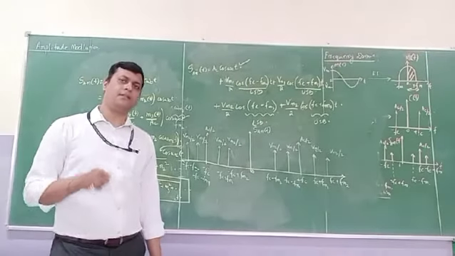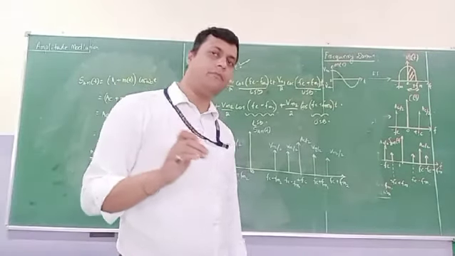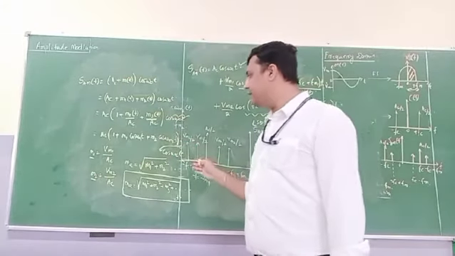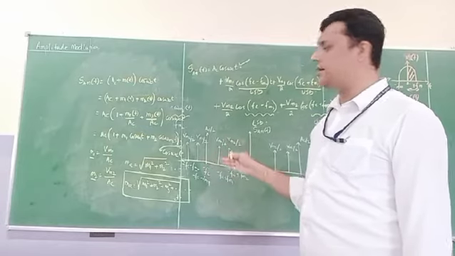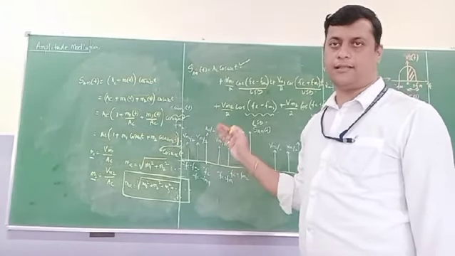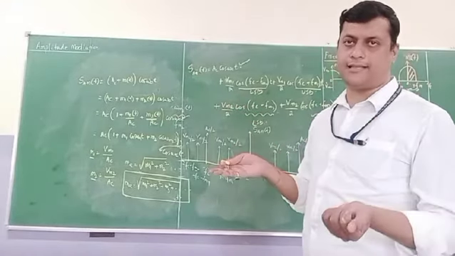So whatever modulation indices we are going to identify, we have to identify them individually first, then the net modulation index with the help of the relation MA is equal to root over of m1 square plus m2 square plus m3 square dot dot dot, up to however many modulating frequencies are available.